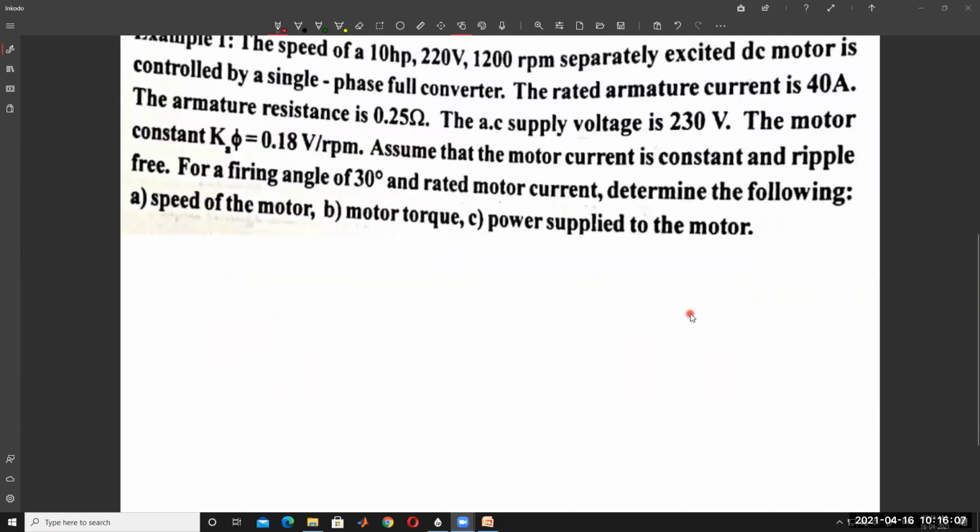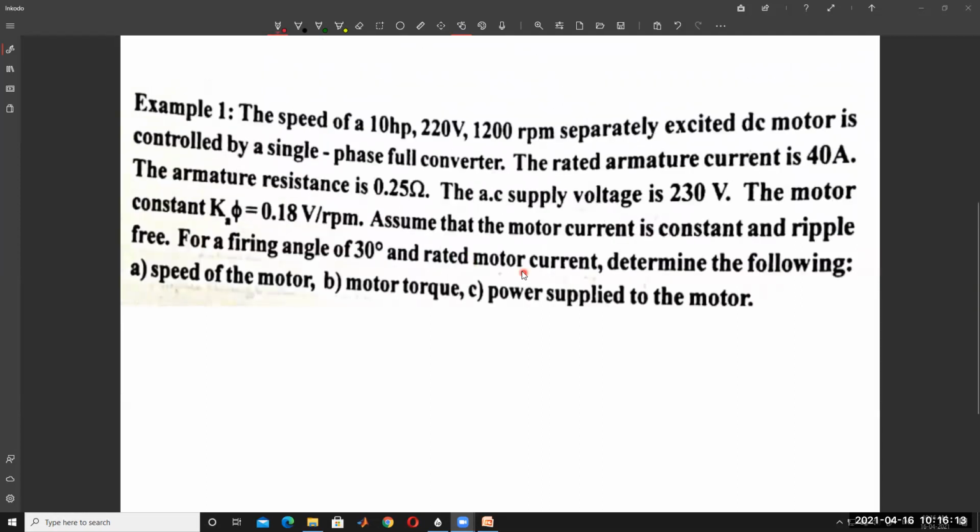All of you find the answers for this problem. So what is the given data here?